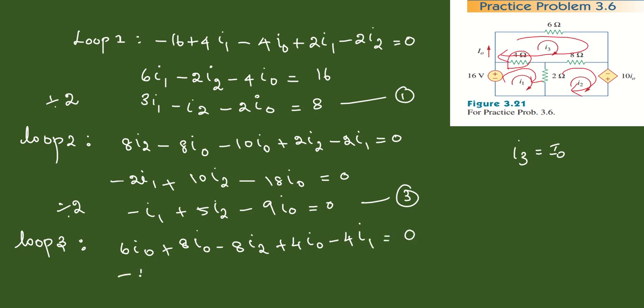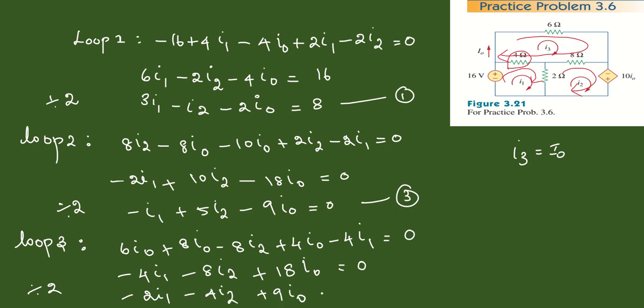So it is minus 4 I1 minus 8 I2 plus 18 I naught, that is equal to 0. Dividing this by 2 again, because 2 is common in all terms, it is minus 2 I1 minus 4 I2 plus 9 I naught, that is equal to 0. So this is equation number 3.